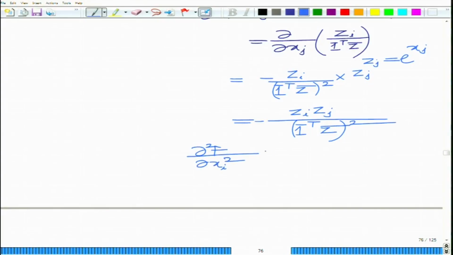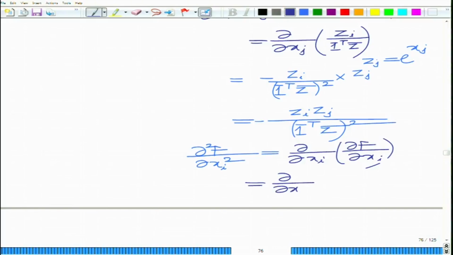that is, the second order partial dou square f by dou xi square, that would be the partial with respect to xi of the first order partial with respect to xi, which is zi divided by 1 bar transpose z bar.